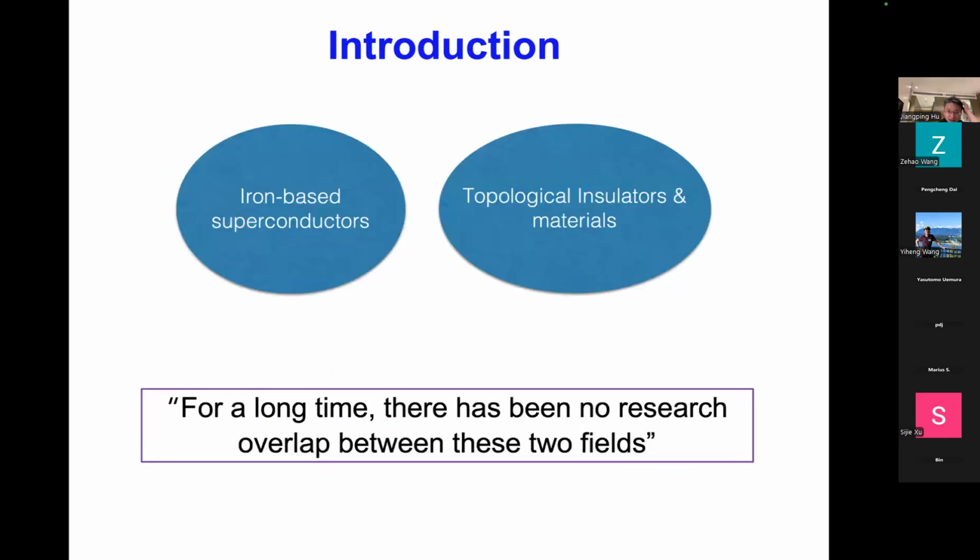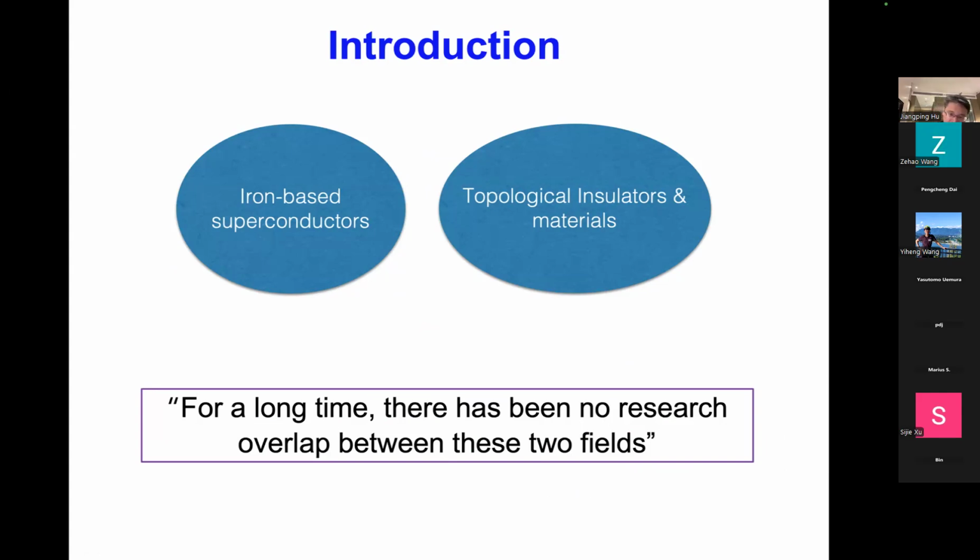Actually, the iron-based superconductor field, as I said, started in 2008. At about the same time, the topological insulator field started around 2005, 2006. So these two fields started almost at the same time, just separated by a few years.